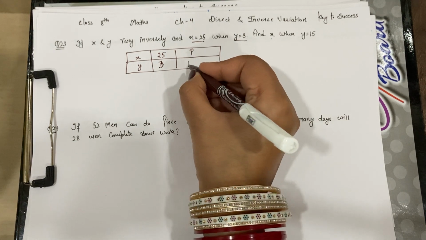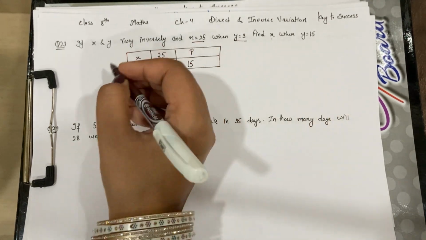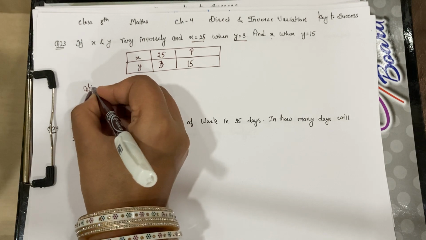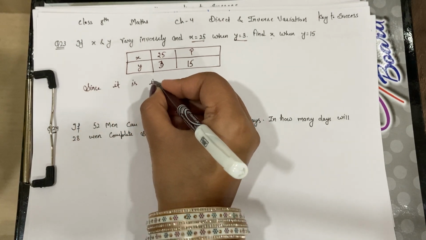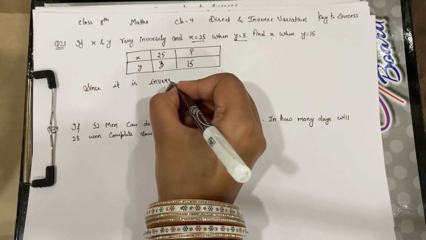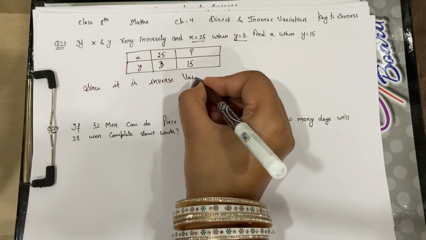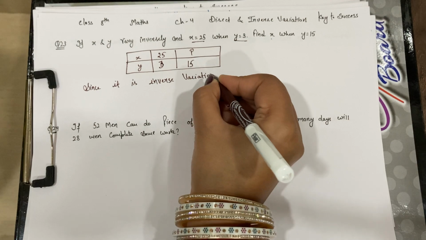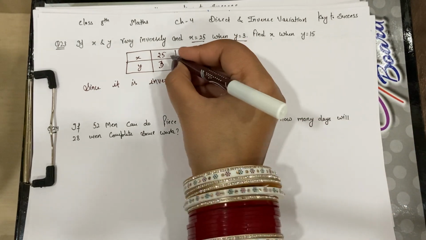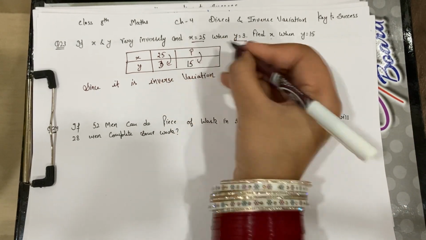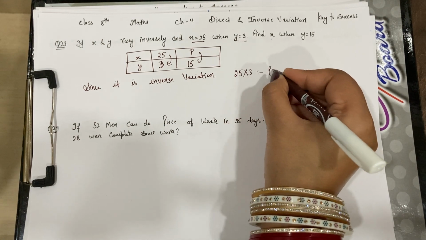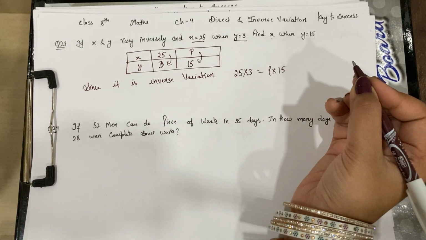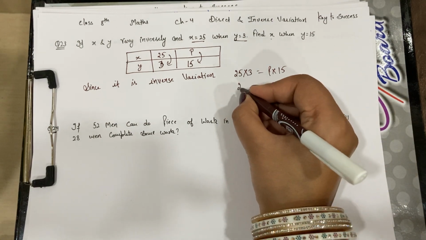Y is 15. Since it is inverse variation, as I told you, we will be multiplying in an up and down way. 25 into 3 is equal to p into 15. 15 is in multiplication, send it to division.